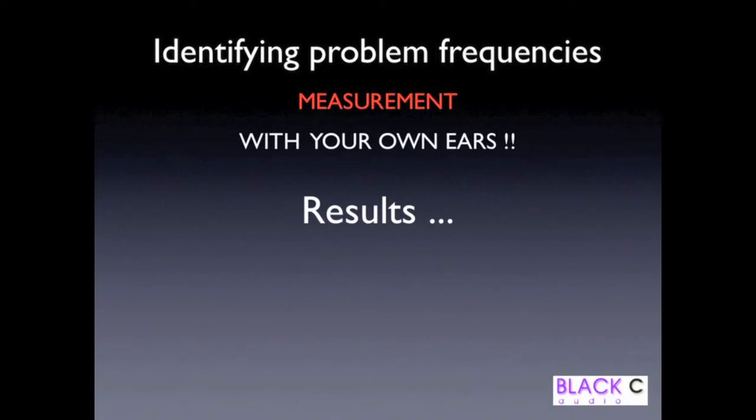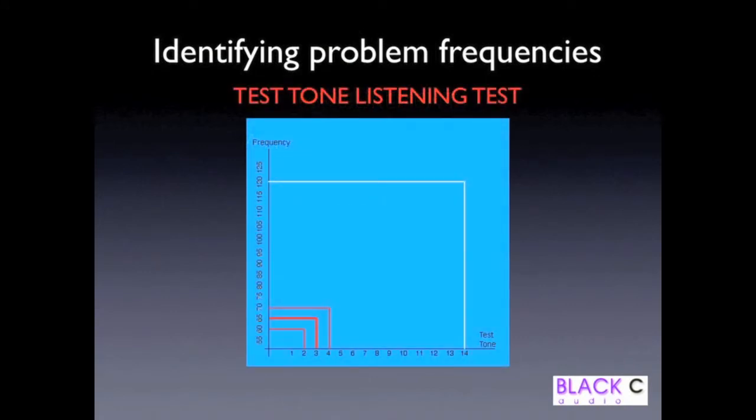Right, let's check our findings against this graph. When we look at the graph, bear in mind what you heard may be slightly different to what I heard because you are in another acoustic environment. However, my results centered around 2, 3 and 4 are between 60 and 70 Hz, with 65 being the center.